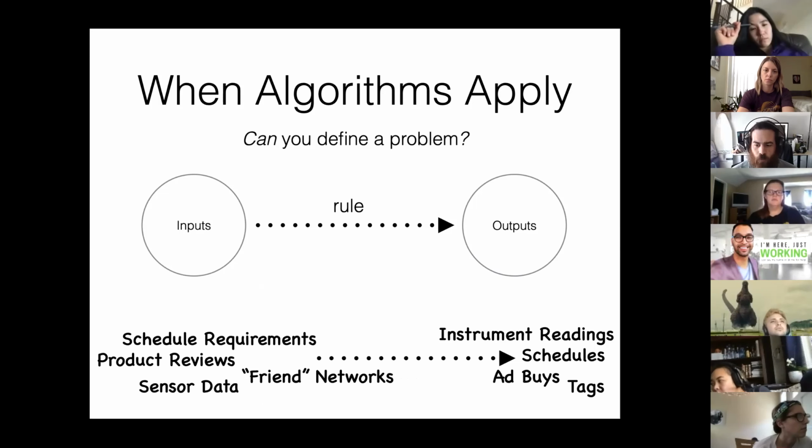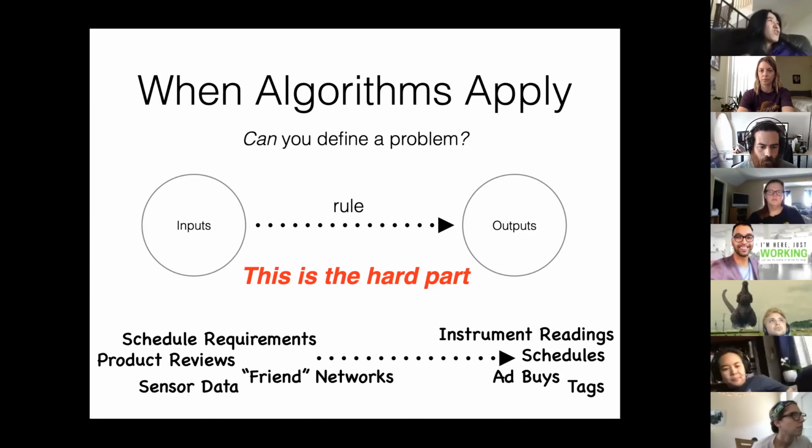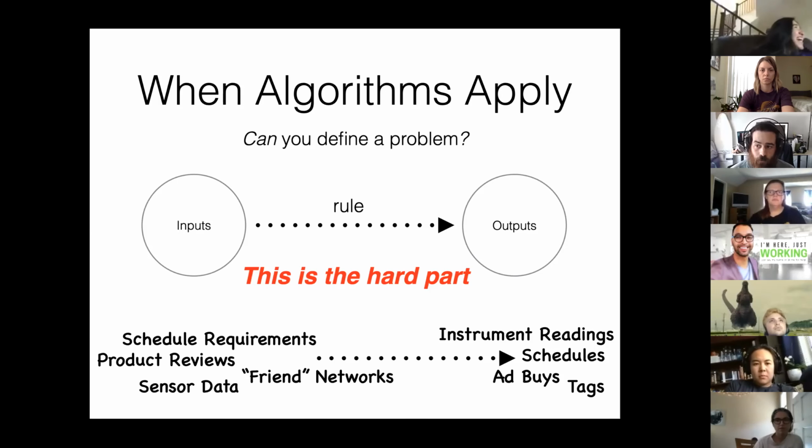You want to turn it into an industrial process control or something. This is the hard part of figuring out if algorithms even apply or if you can use them. It's turning these messy real-world situations into a precise problem specification: input domain, output domain, and a rule that associates them.